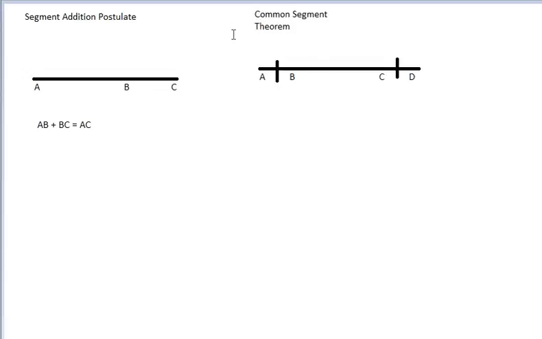The next postulate, theorem and postulate kind of mean the same thing, that I'm going to tell you guys about is the common segment theorem. It states that if AB equals CD, and remember in order to show that we have equal lines, I'm going to put these lines right here that show that AB and CD are the same length, then we can say that AC, this length right here, is the same length as BD, this length.